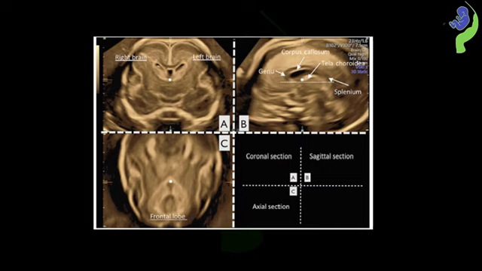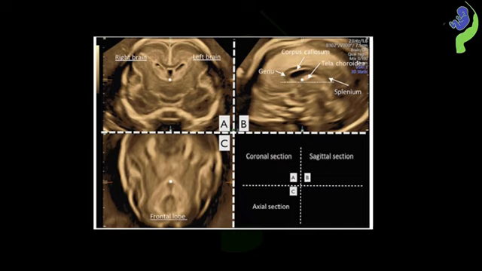Now move on to the view C, where you get to see the axial section of the fetal brain. Now rotate the image in such a way that the frontal lobe is positioned downwards and the midline of the fetal brain is aligned exactly with the vertical reference line.